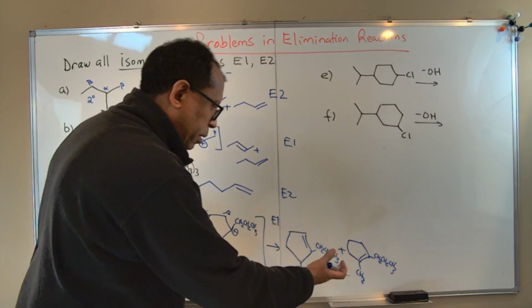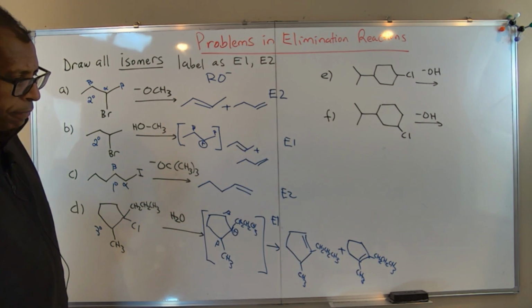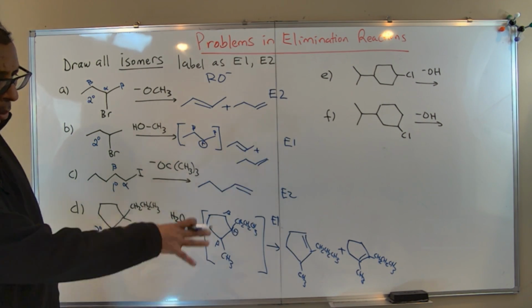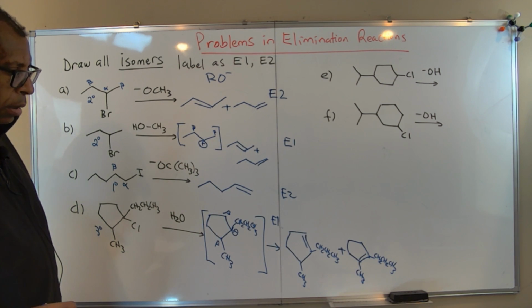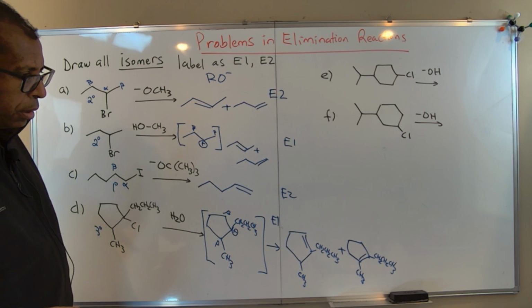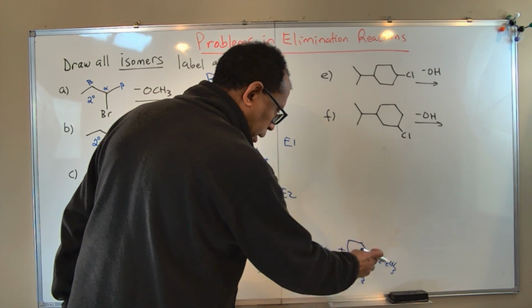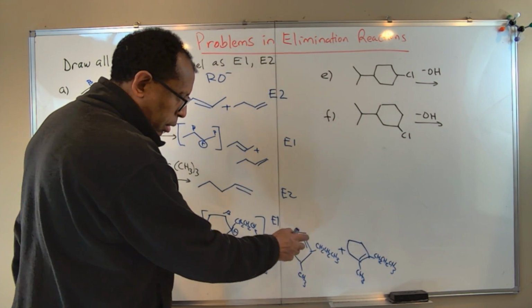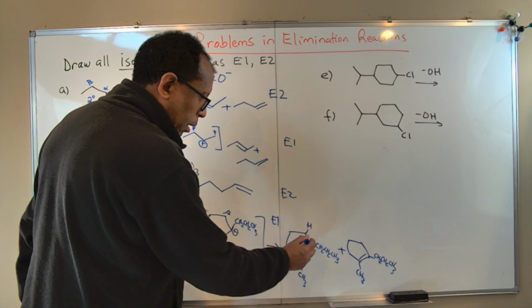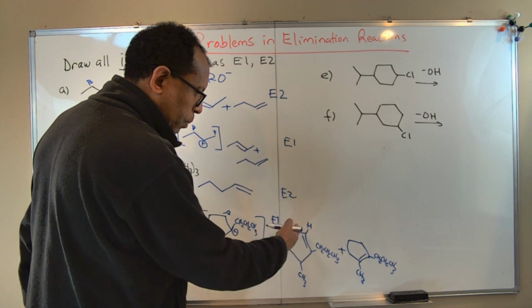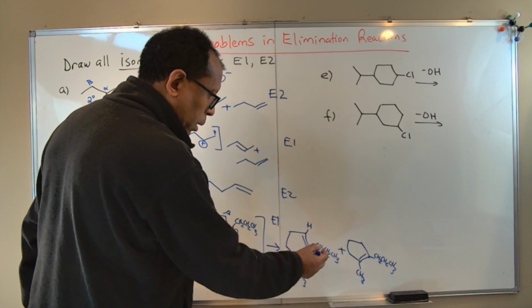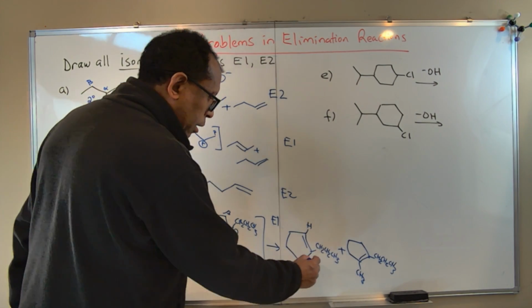So two isomers of different compounds. Those are the types of products you could get. This one is a tetra-substituted alkene, and here it is a tri-substituted alkene, 1, 2, 3.